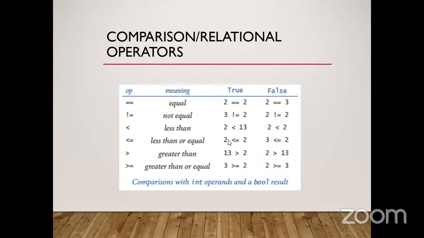So anytime you see an exclamation point in front of something, read it as not equal to. Less than or equal to, greater than, greater than or equal to. So examples over here, 3 is not equal to 2. That is absolutely true. 3 is not 2.